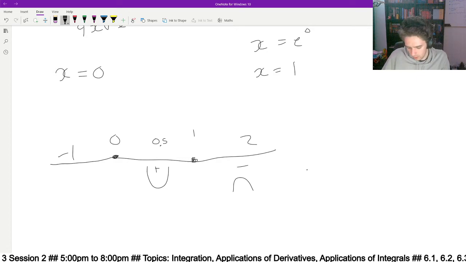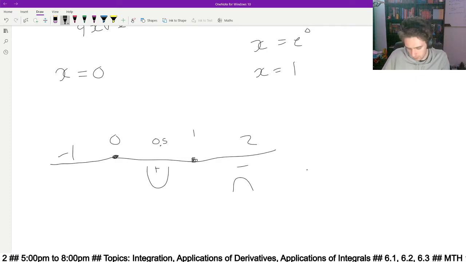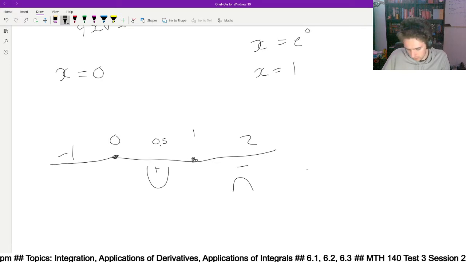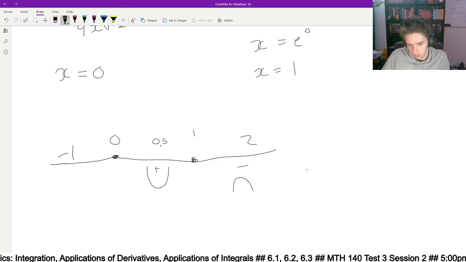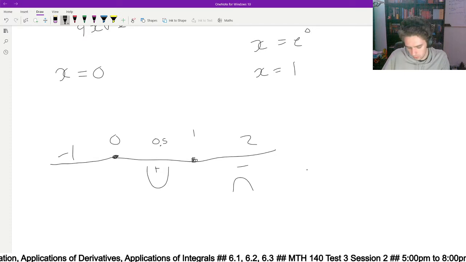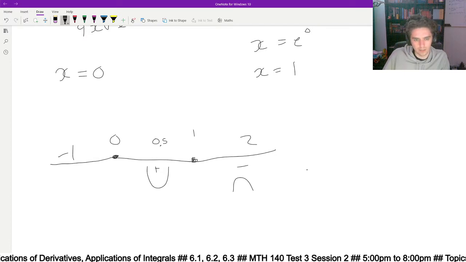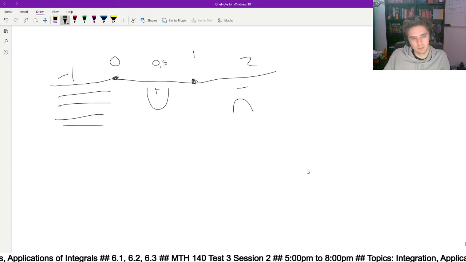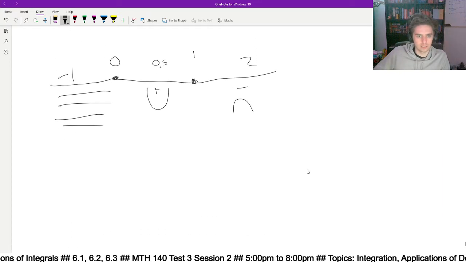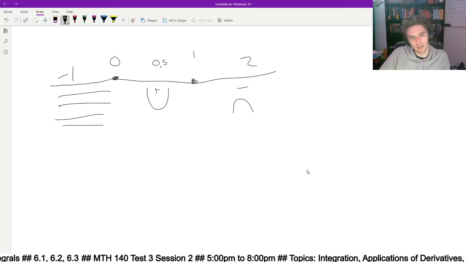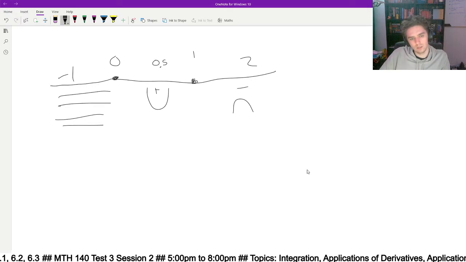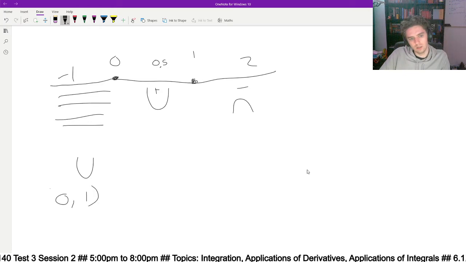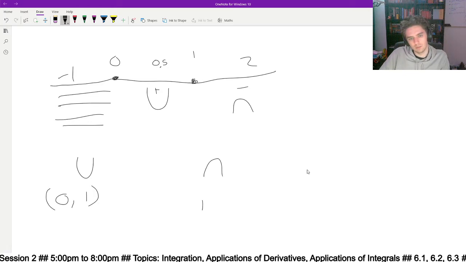So negative ln of negative 1 over 4 times negative 1 times root negative 1, I can't do that. Okay, so it doesn't exist past here. The function doesn't exist there. So we're concave up from 0 to 1. Okay, so concave up from 0 to 1, and we're concave down from 1 to infinity.